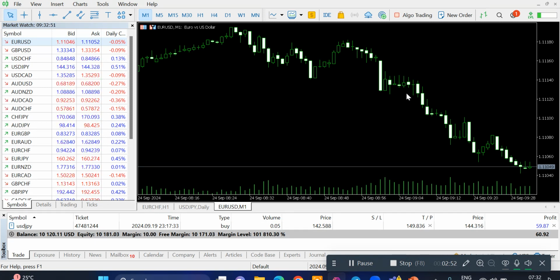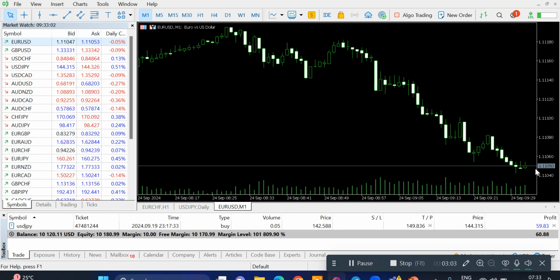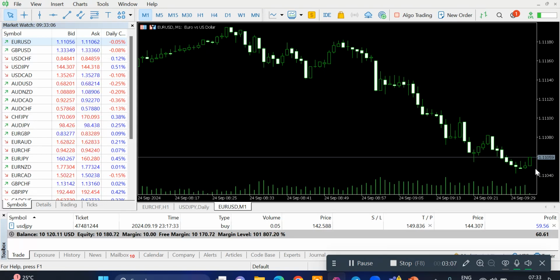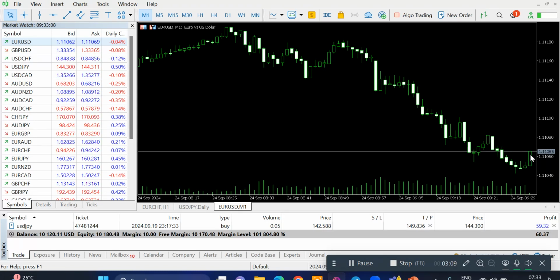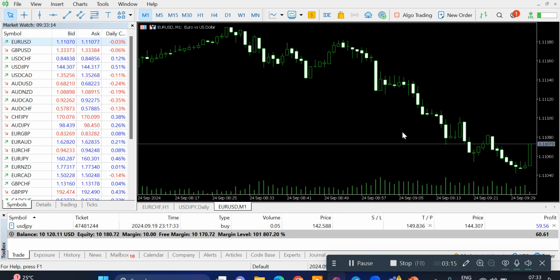So let's take a closer look at it. As you can see, it's just a few more seconds. 3, 2, 1. Notice that a new candle will form. That's the open price. While the candle is forming, if it is going up, you will see how it is forming. It will go up within another 60 seconds.